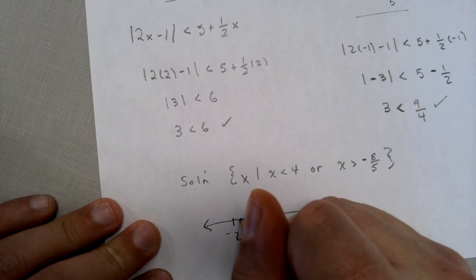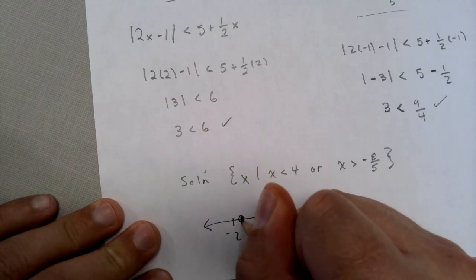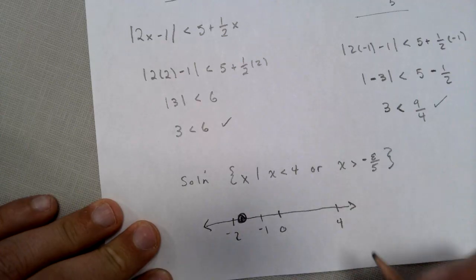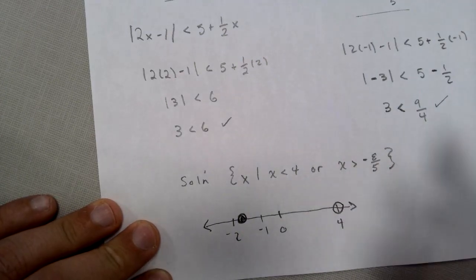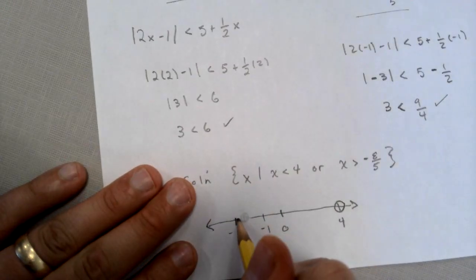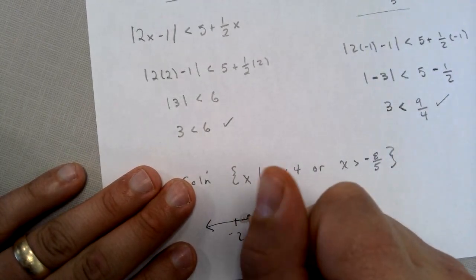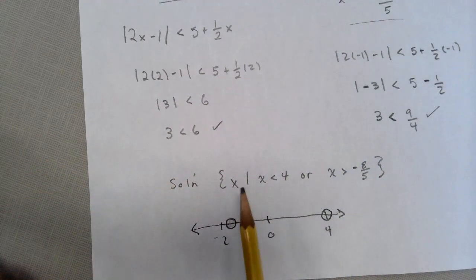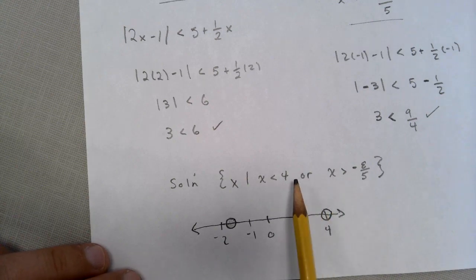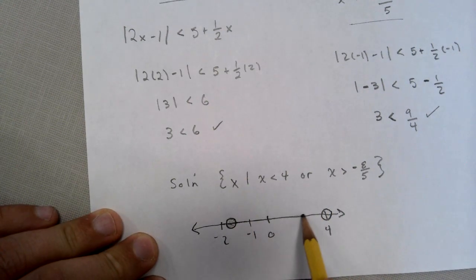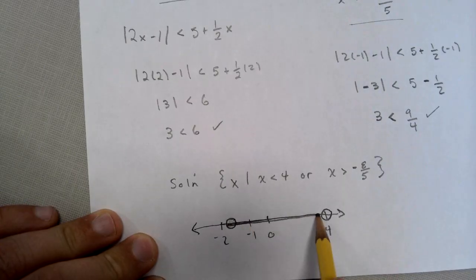So negative 8/5 is going to be right around here. So I'm going to draw an open circle because it's x is greater than. And I'm going to draw an open circle at 4, too. Here, I'll redraw this. And it's everything x is greater than negative 8/5 and x is less than positive 4. So it's all these values in between here that are solutions to our inequality.